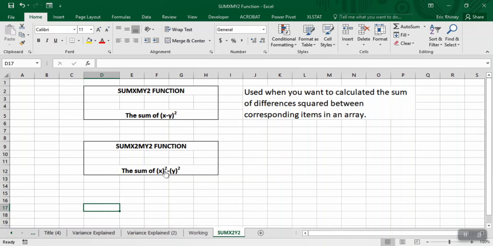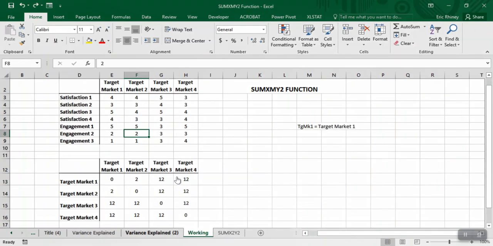So in this case, we're first squaring each variable separately, all right, and then we're taking the sum of that. All right, so there you have it. That's how you would calculate the sum of x minus y squared in your array.